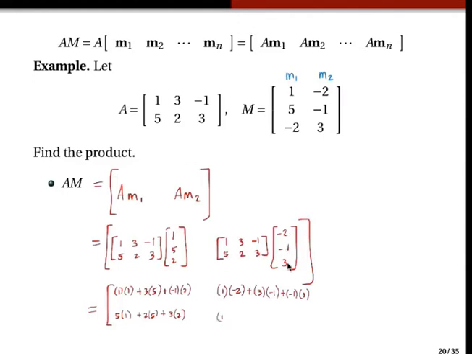So you have your 5 times -2 plus 2 times -1 plus 3 times 3. Okay? And then you still get the same answer as before.